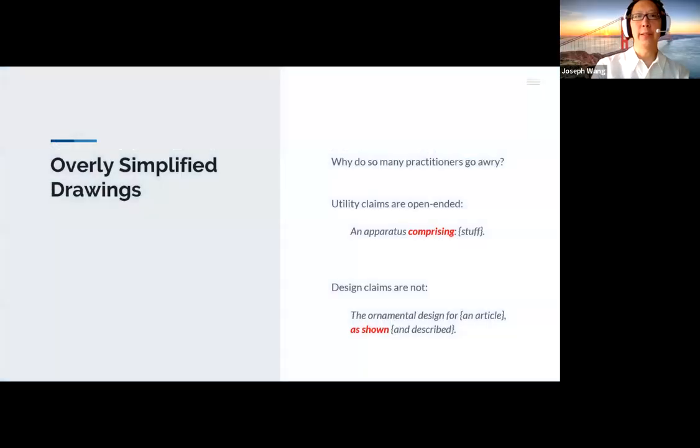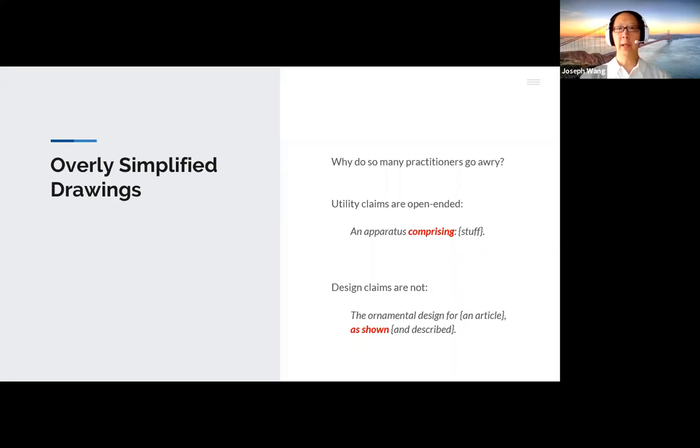Great, thank you, Leah. That was an awesome intro and overview. So like Leah was saying, we're seeing these issues with a lot of folks who are practicing in designs but are still improperly importing concepts from utility practice. They tend to get in all sorts of trouble, oftentimes with 112 rejections.